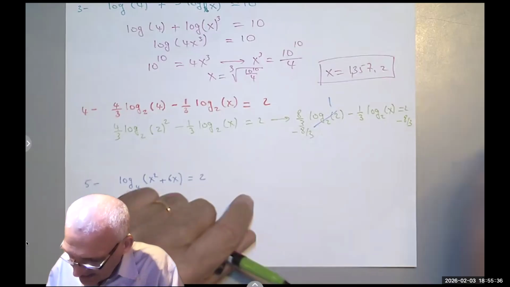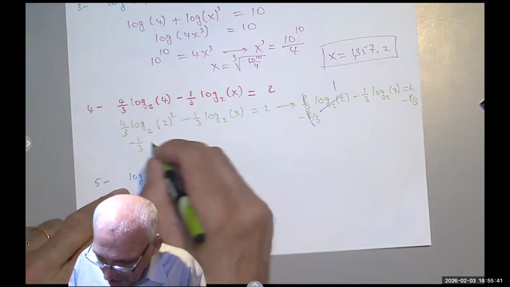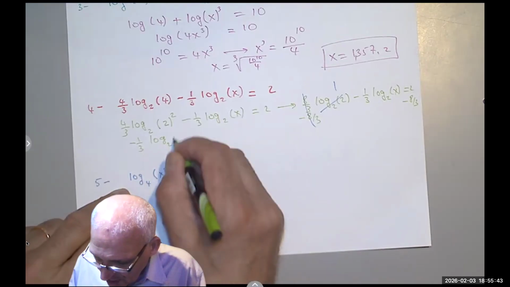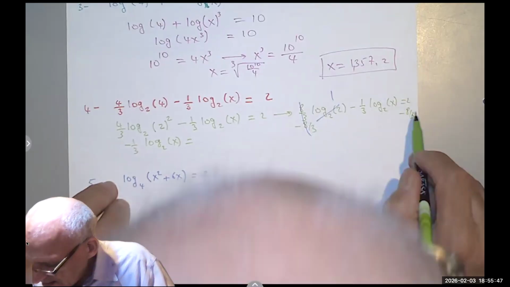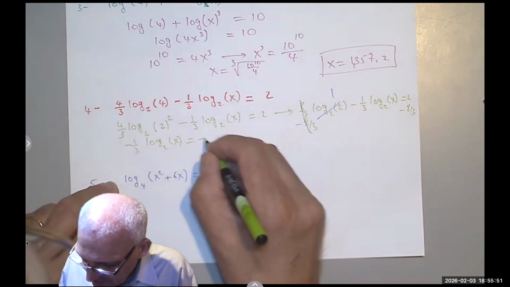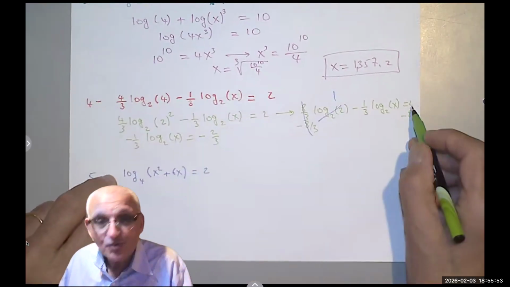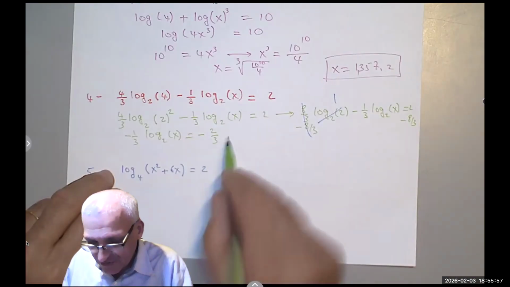So these cancel, and you get negative 1/3 log to the base 2 of x equals, and I say 2 minus 8/3 is negative 2/3, because 2 is 6/3. So 6/3 minus 8/3 is negative 2/3.